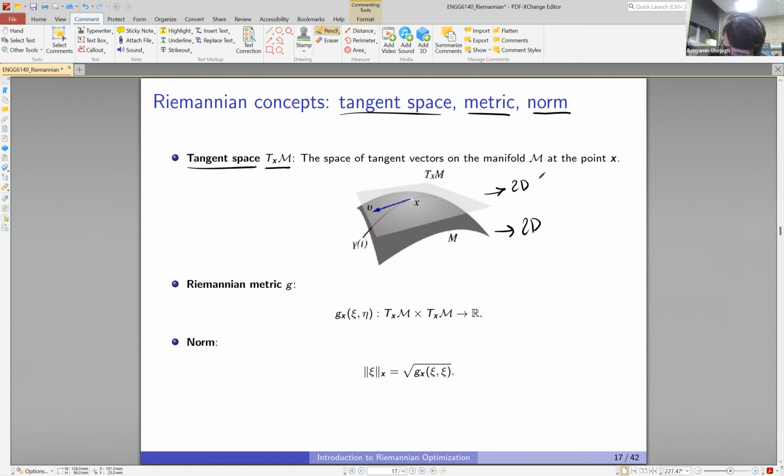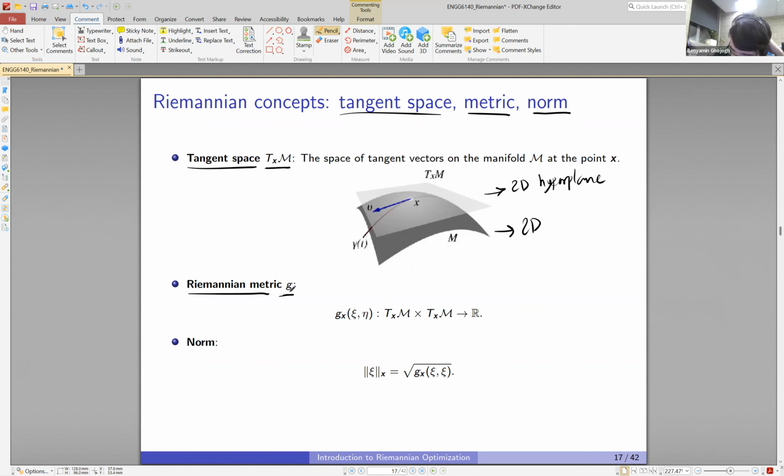It's a 2D hyperplane. In general, when the manifold is locally d-dimensional, the tangent space is also locally d-dimensional, a d-dimensional hyperplane. Okay, that's one thing.